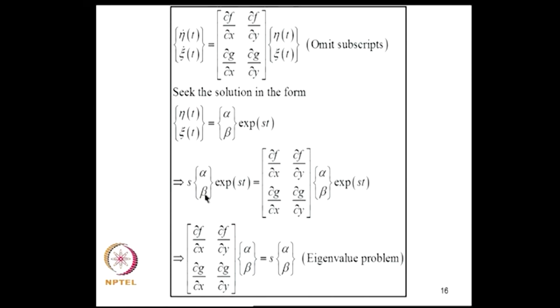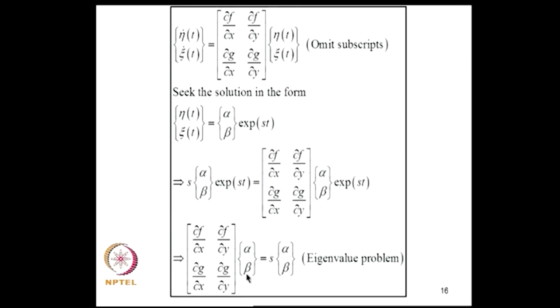So, I get s times alpha, beta, e raised to st, equal to this matrix times alpha, beta, e raised to st. Now, the exponential of st cannot be 0. So, I get this equation, which is nothing but an eigenvalue problem associated with this matrix. The eigenvalues are s, and alpha and beta are the eigenvectors.